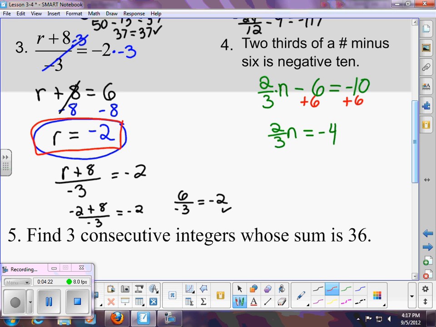Now, 2/3 times n. We talked about this just the other day in the previous lesson. We don't want to undo this by dividing both sides by 2/3. Because of multiplying by a fraction, we would multiply by the reciprocal. The reciprocal again being the flipped fraction. Multiply both sides by 3/2.